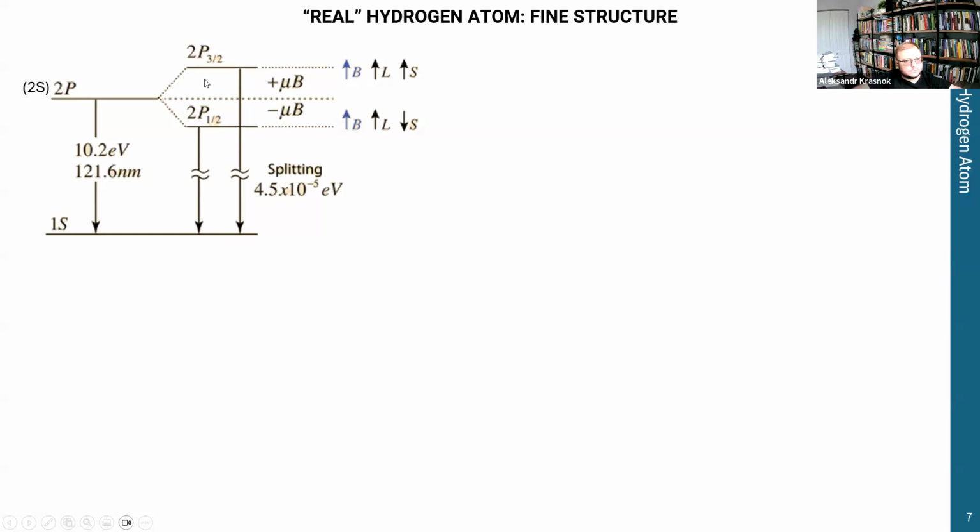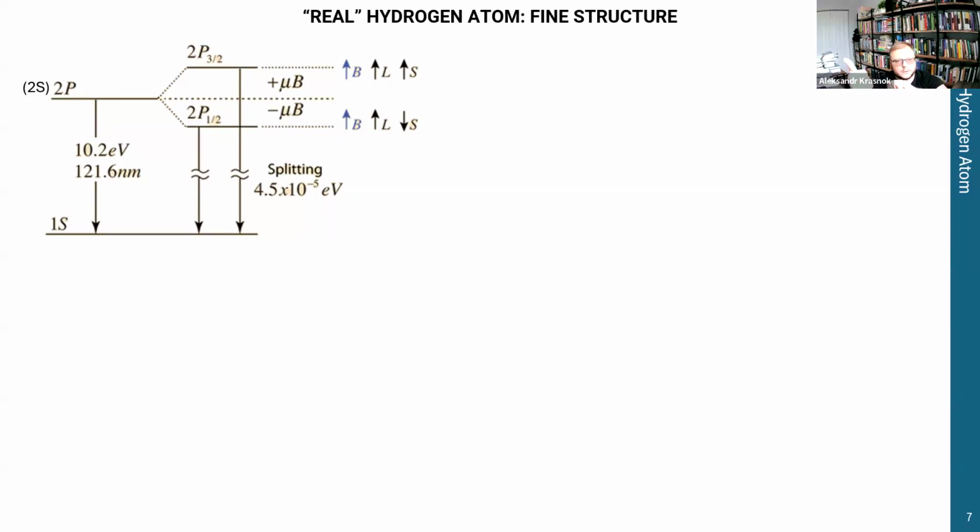We said that in a hydrogen atom we have the nucleus and the electron orbiting around it, and the electron gets a magnetic moment defined by L. And the electron itself gets spin, right?